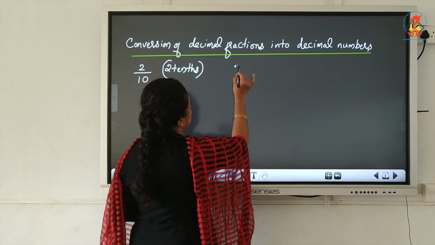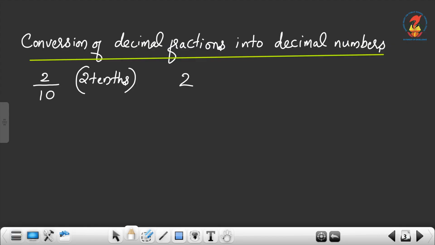Here we have only one digit, 2. Then move this digit to the right and put the decimal point. The whole number part is not there. So, we can write it as 0.2. So, 2 by 10 means 0.2.